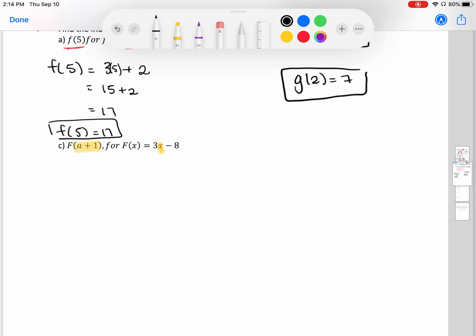So this would be 3 times, instead of x, I'm writing a plus 1, plus 8. Okay, now I see what we have to do. Now we can distribute that 3 and clean it up. So 3 times a is just 3a. 3 times 1 is 3, plus 8. So we have 3a, and 3 plus 8 gives us 11. So that is our answer.